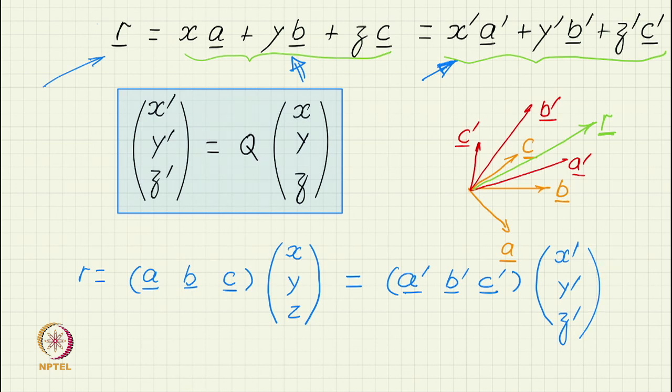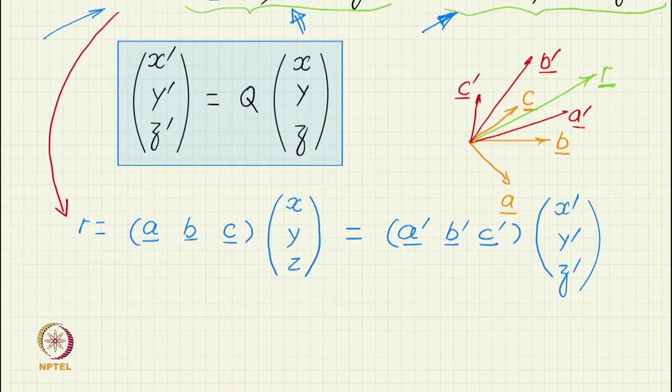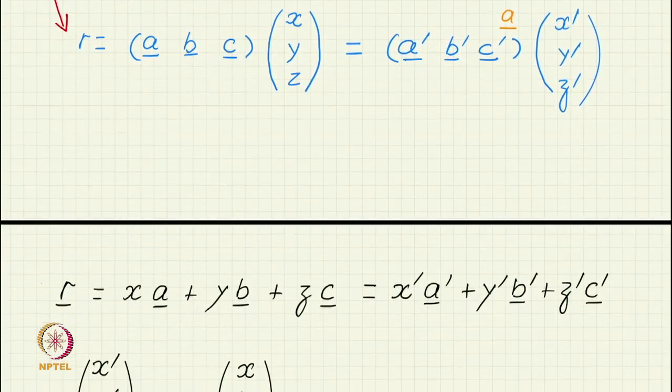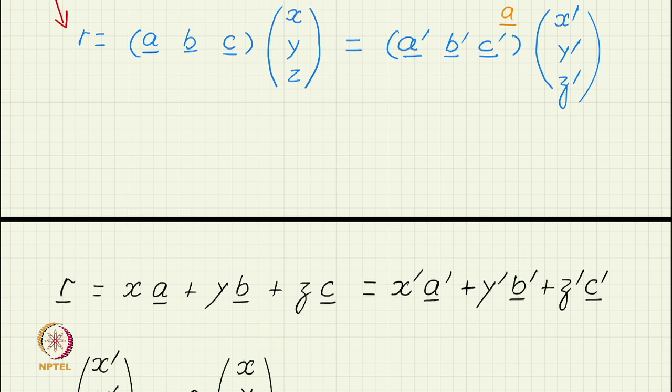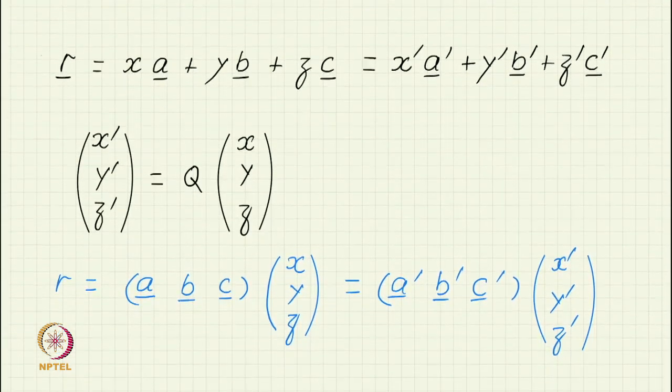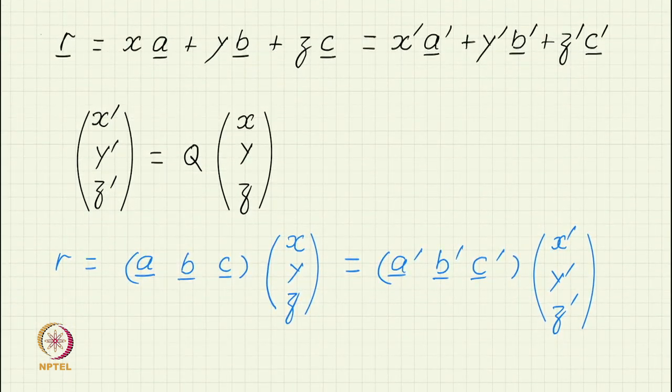So, it is exactly the same relationship. This relationship has been recast as a product of row and column. Now, what we want to see is what this will give us in terms of its relationship.